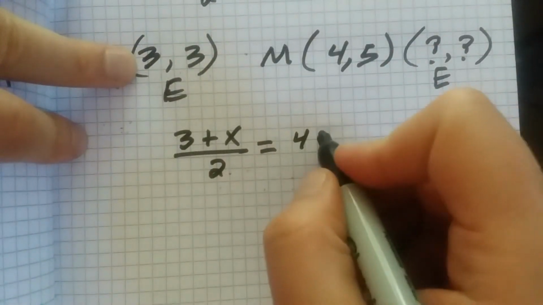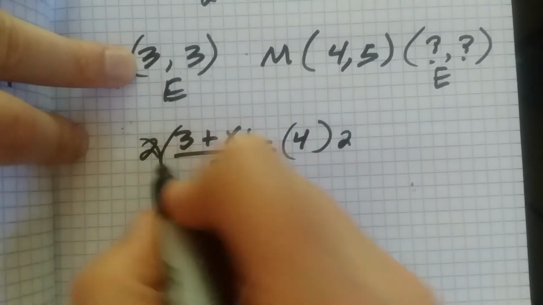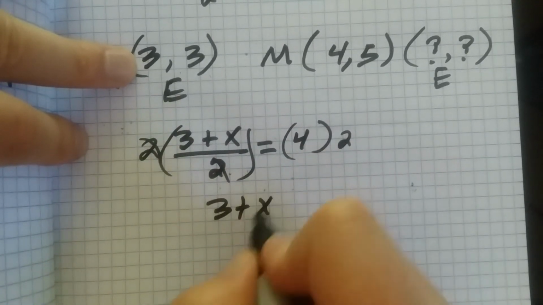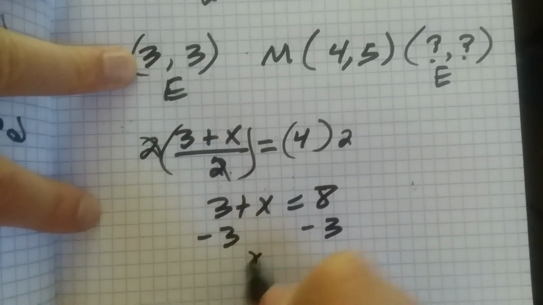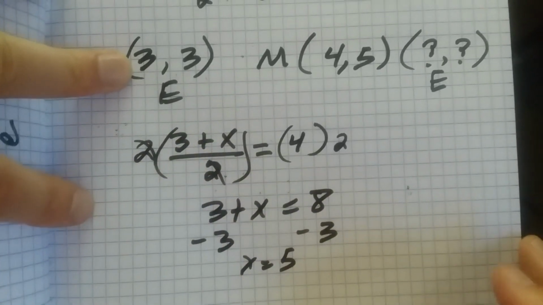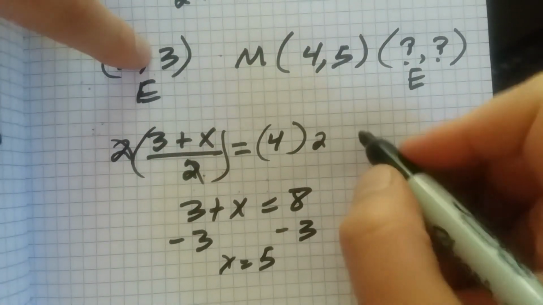Okay, algebra to undo this. Times 2 on both sides cancels out. 3 plus x equals 8. Subtract the 3. x equals 5. That's the x value. Finding the y value is similar.